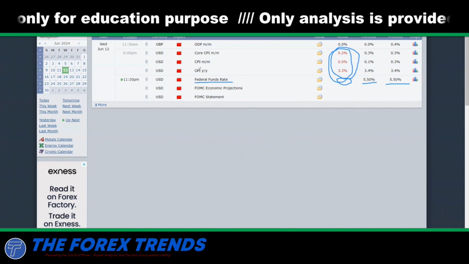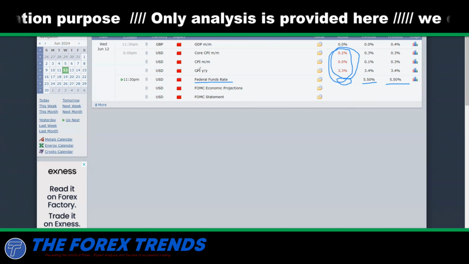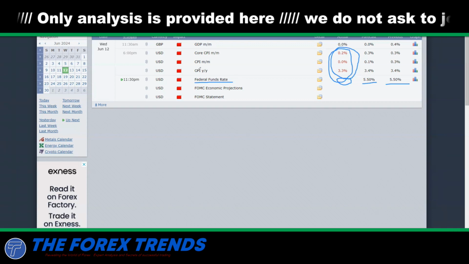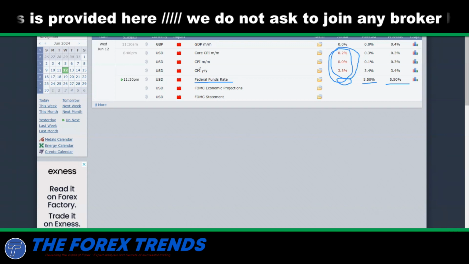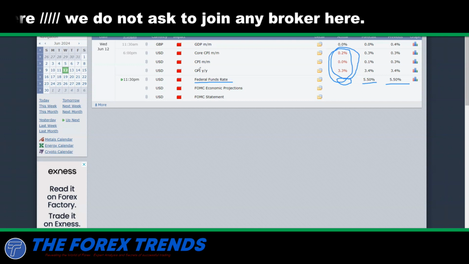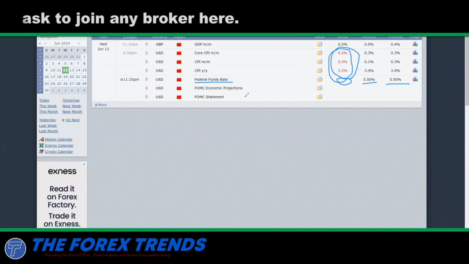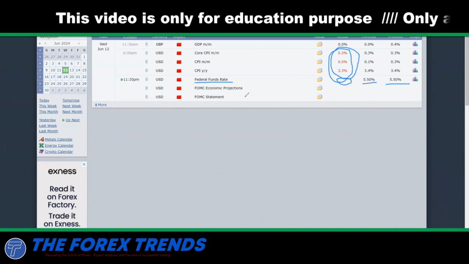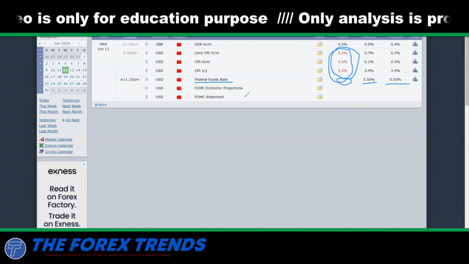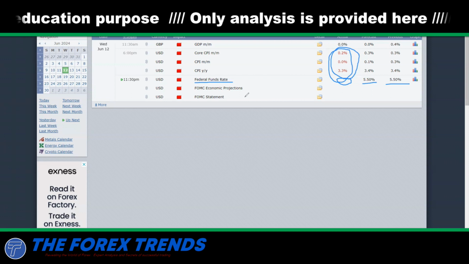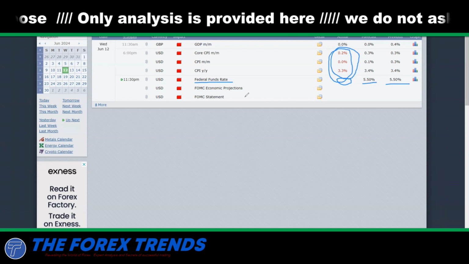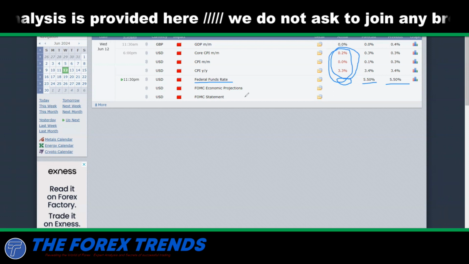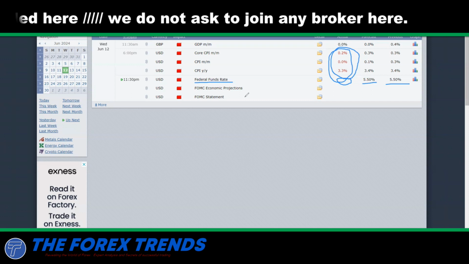If they give a statement like they gave at the previous FOMC, a hawkish statement, and told us they are still dependent on data and their mandate of inflation is 2% and they are committed to bringing inflation down to 2%.